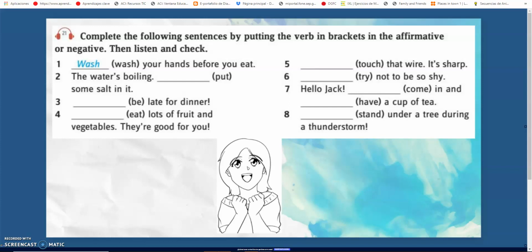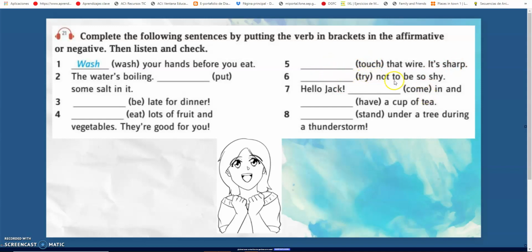You have to think about it. Number 4, lots of fruit and vegetables. They're good for you. Number 5, touch that wire. Wire es como un alambre de púas, aunque también puede ser un cable. It's sharp, está puntiagudo. So, should I touch it or not?